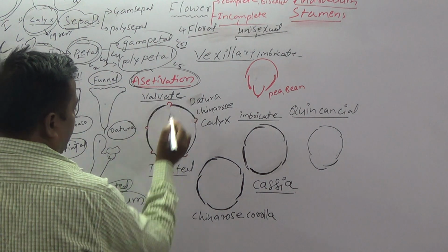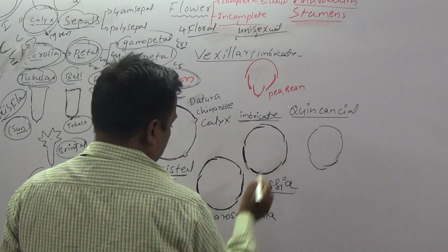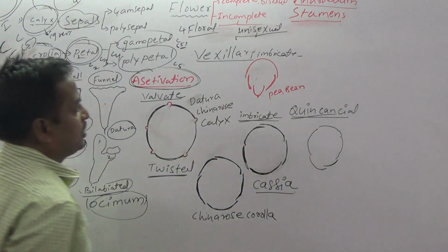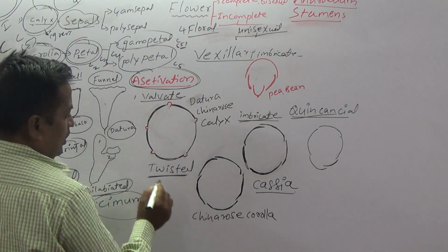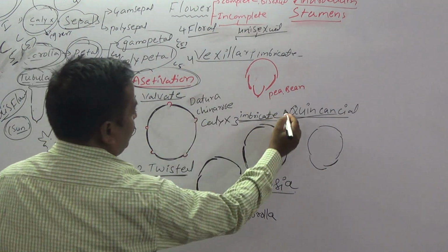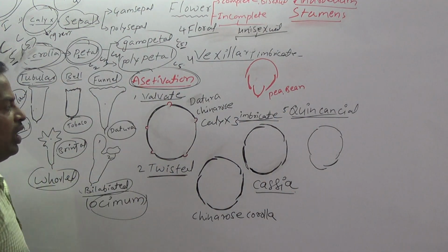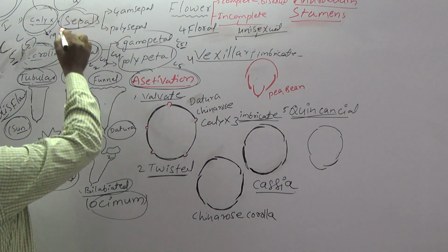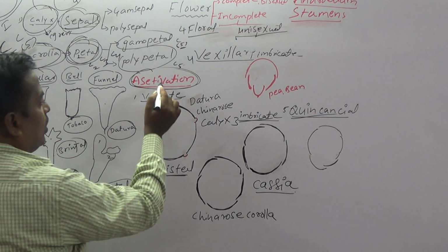The first is valvate aestivation, then twisted aestivation, imbricate aestivation, quincuncial aestivation and vexillary aestivation. How many types are there? 5 types. What is the first one? Valvate.